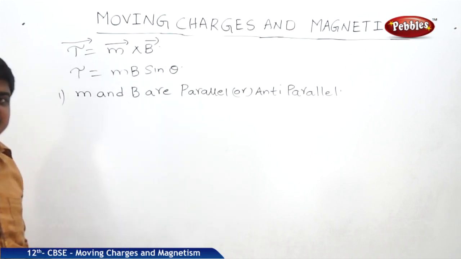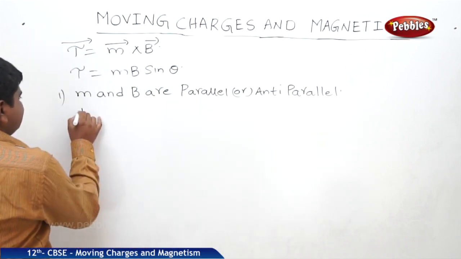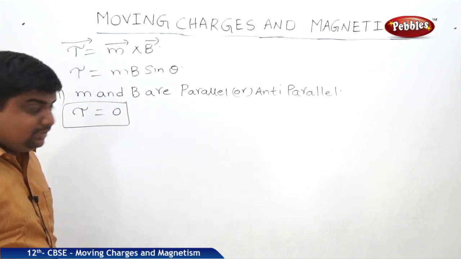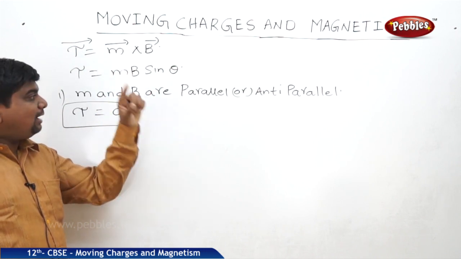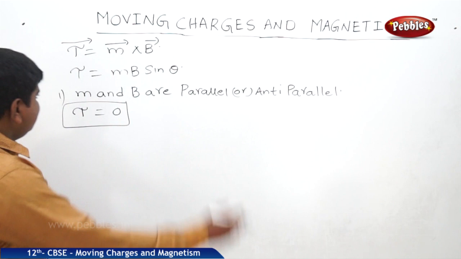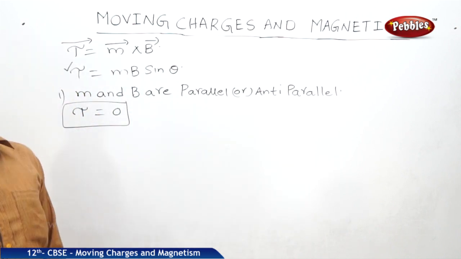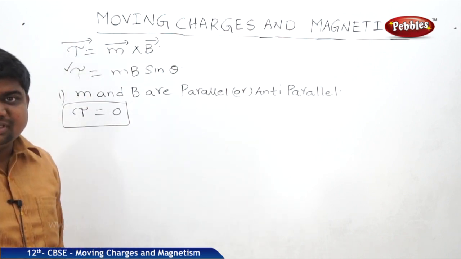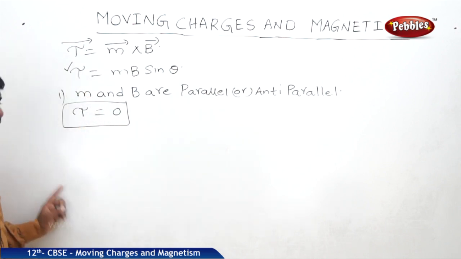When M and B are parallel or antiparallel, the angle between them is 0 or 180 degrees, therefore tau becomes 0. That means when the magnetic moment and magnetic field are parallel or antiparallel to each other, there will be no torque in the current loop. So this is one of the cases we should see.